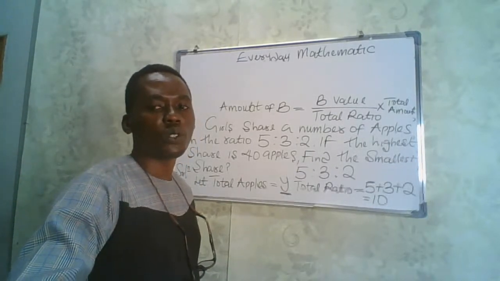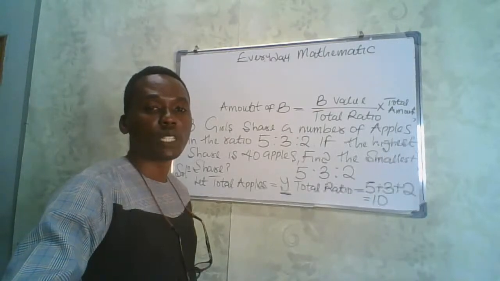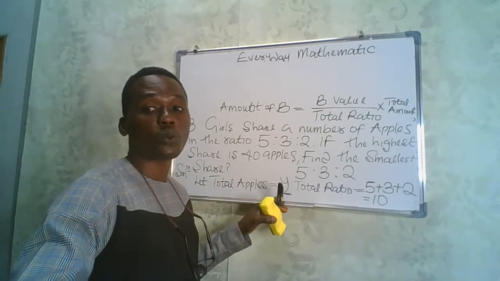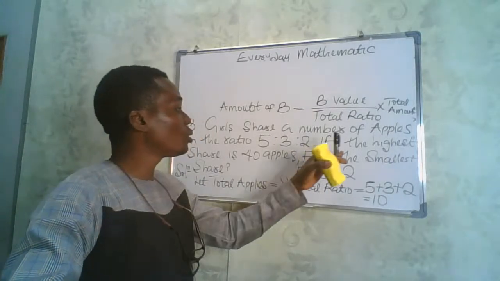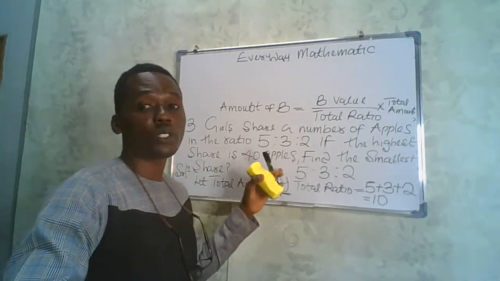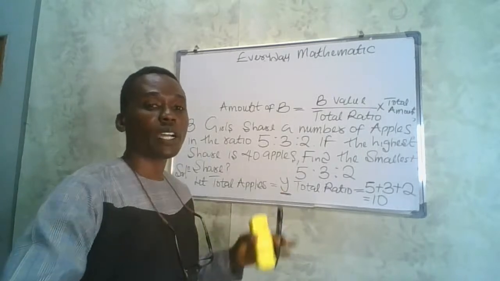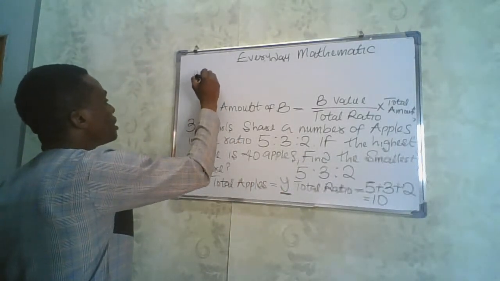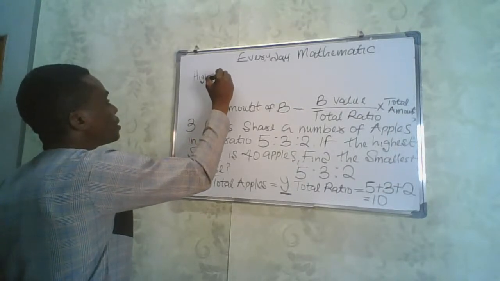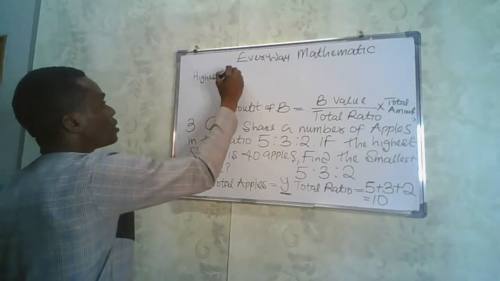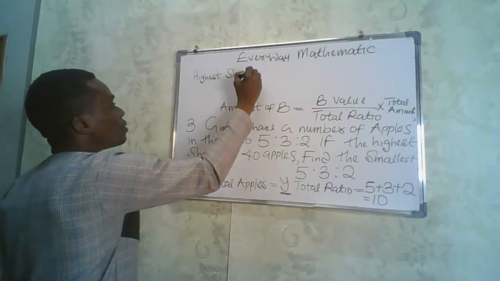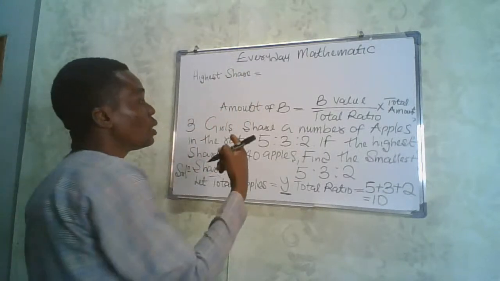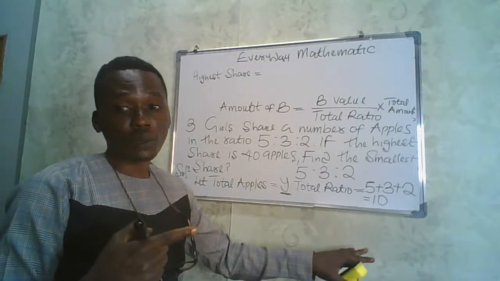10. So once you have that as 10, the next thing we will now think of is, what is the total apple? The total apple is y. And remember, they told us that the highest share is 40. So if we want to find the value of y, the total apple, we can say the highest share is equal to the highest ratio, right?